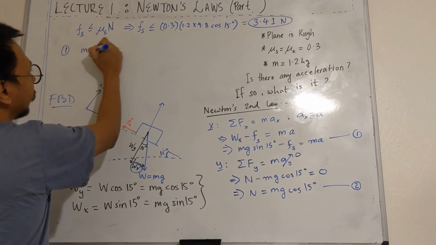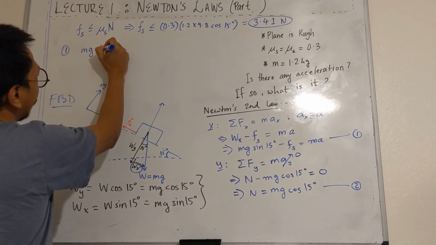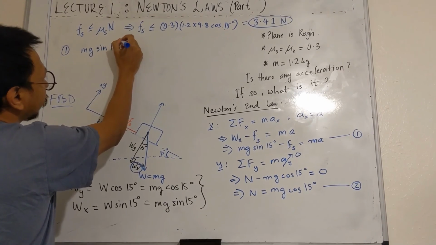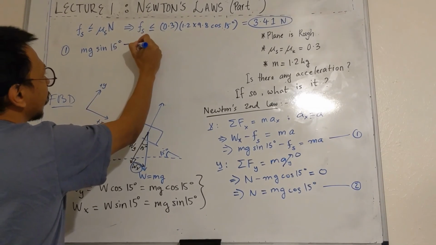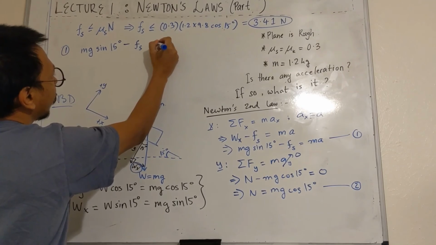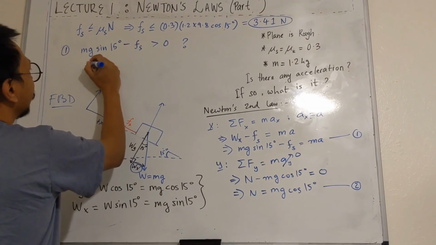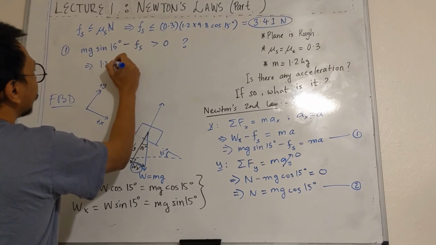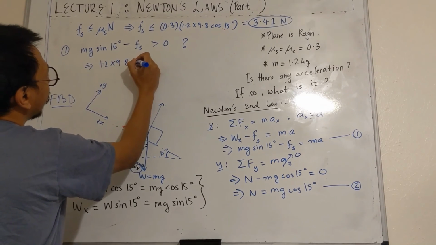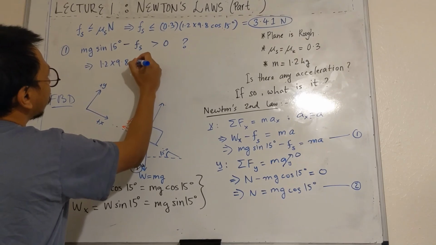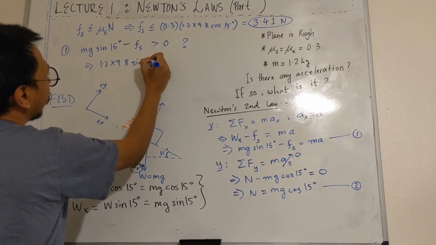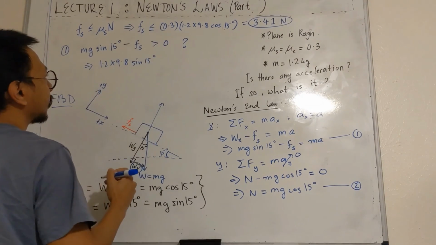Is mg sine 15 minus fs greater than 0? Let's check. What is mg? 1.2 times 9.8 times sine 15. And what is fs?